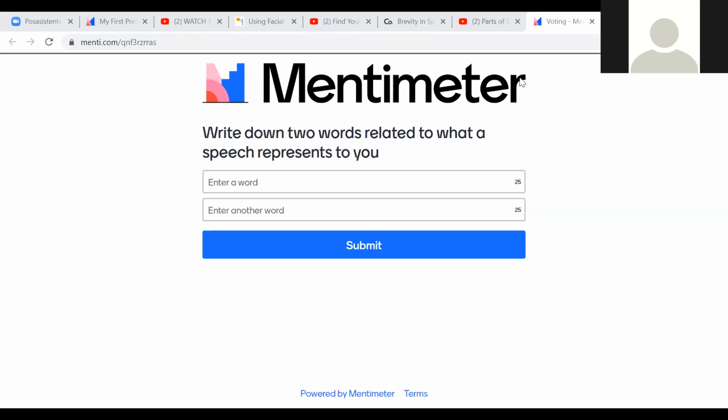Were you able to see my screen over there? Yes? Okay, so I'm not sure if you have used this one before, the Mentimeter, but you just have to go there, click on the link, and if it asks you a code, it's written in the chat section over here, where it says 58706668.